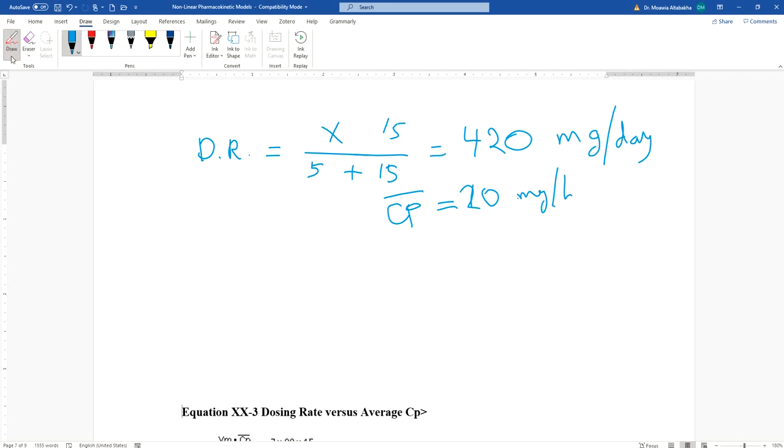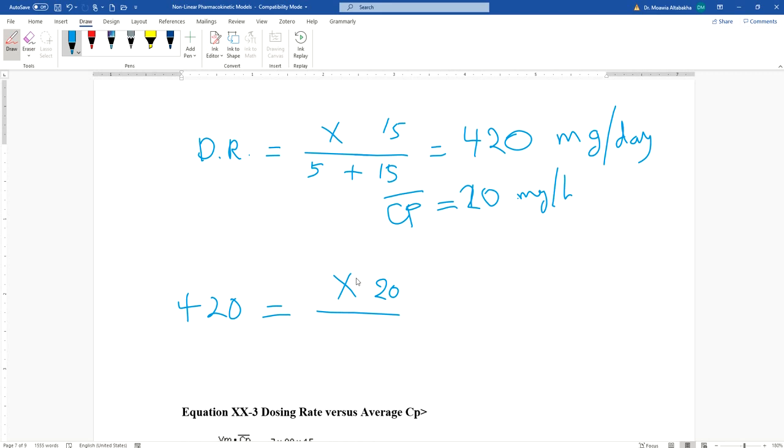So we will assume the dosing rate that I'm giving, which is 420 milligram per day, is giving me 20 milligram per liter as CP average, and this is multiplied by VM, which I believe may be wrong to assume it's 560 for this patient.